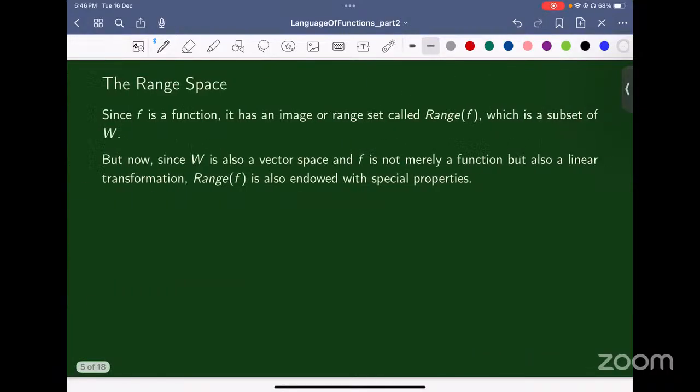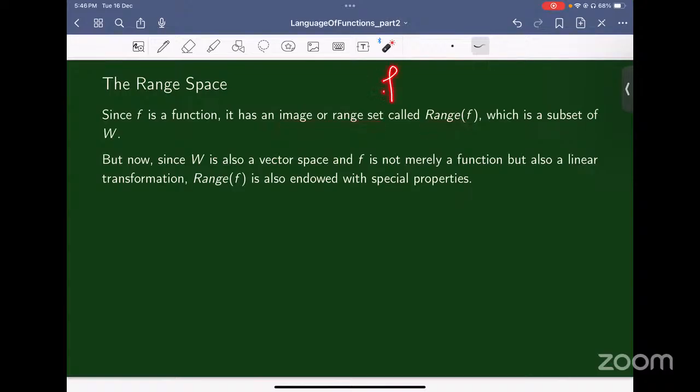Moving on, let's talk about the range space. Remember we earlier talked about the image of a function, and at that time I told you that the image is also called the range set. Let's talk about the range space of f. Since f is a function, it has an image or a range set called the range of f.